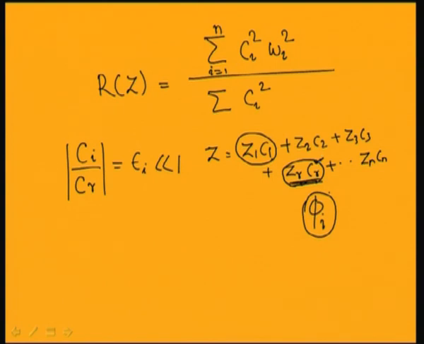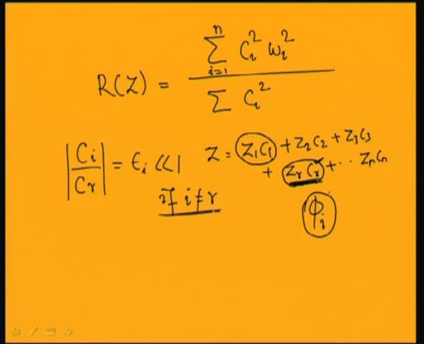As the Cr term is large, we can write Ci by Cr equal to epsilon i, where epsilon is less than or equal to 1, if i is not equal to r.